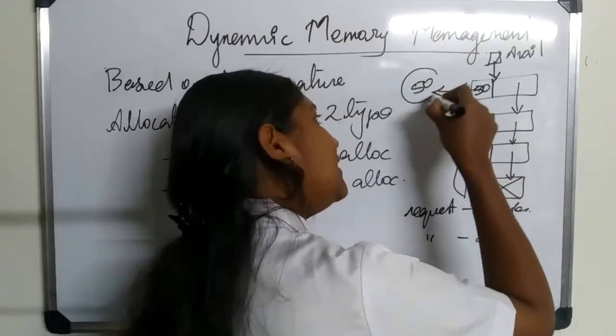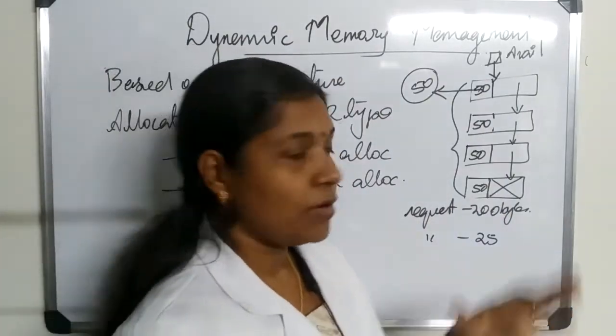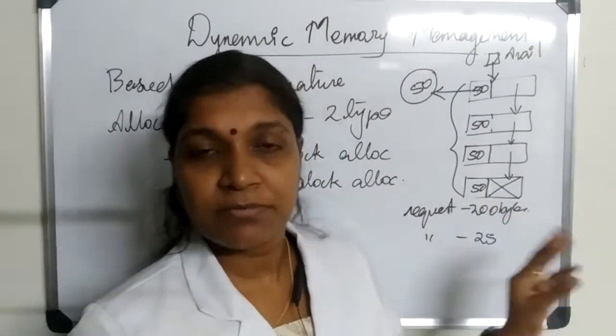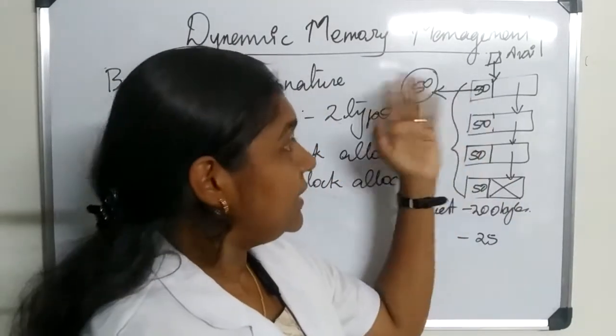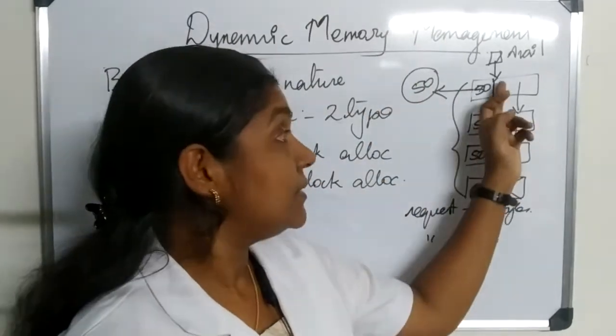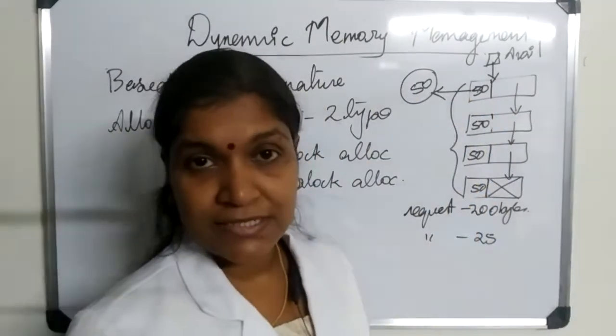We have the option of allocating only 50 bytes, since 50 is the minimum size of a block. So even for a request of 25, we'll have to allocate a block of 50 bytes. So again memory wastage is there, right?